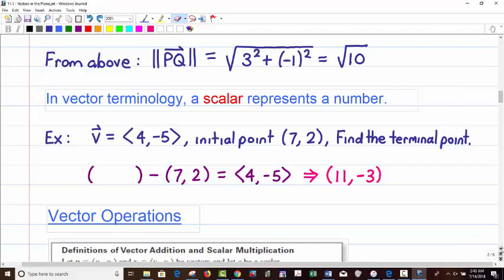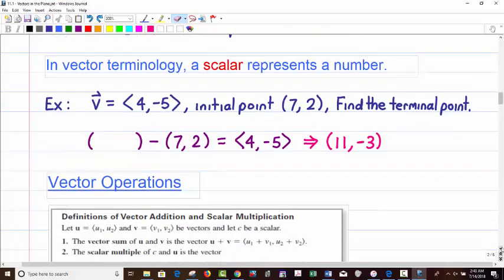All right. Now suppose we have a vector v given as (4, -5), and we have an initial point (7, 2). Could we find the terminal point from that? We haven't done that, but we've just been using initial point and terminal point to get the vector v. Essentially it's like three variables, and if you know any two of the three, you can get the third one.